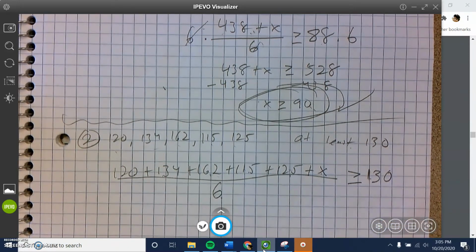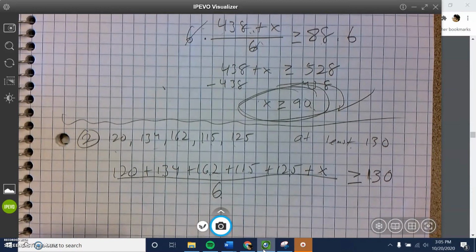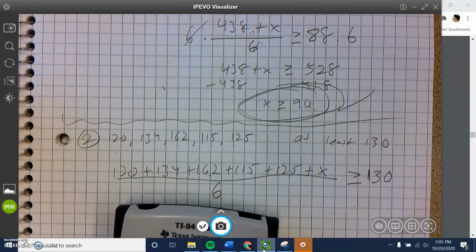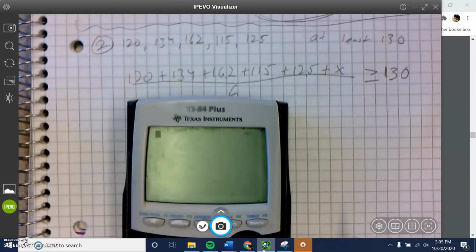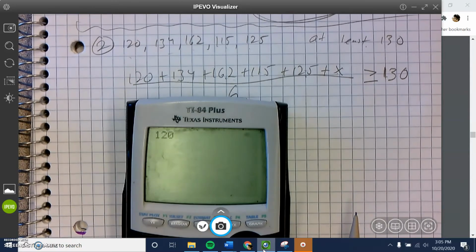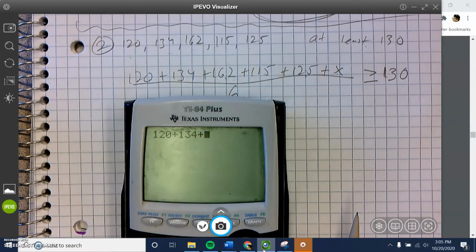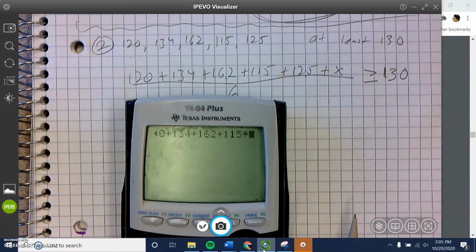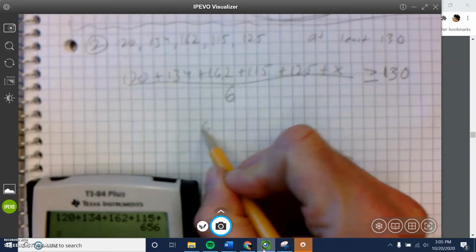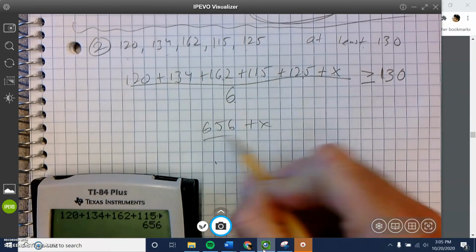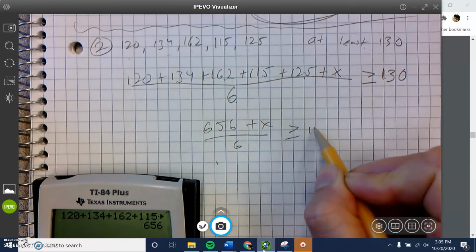Okay, so let's add up all these right here. 120 plus 134 plus 162 plus 115 plus 125 is 656, plus x, over 6 is greater than or equal to 130.